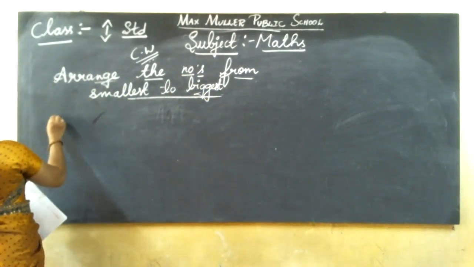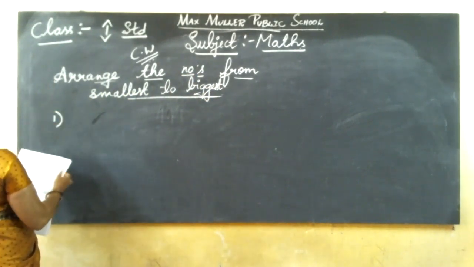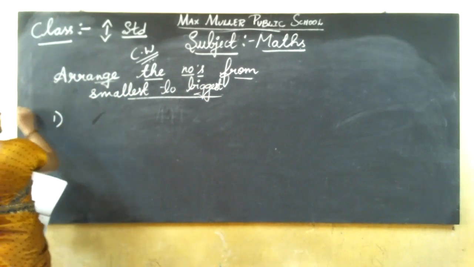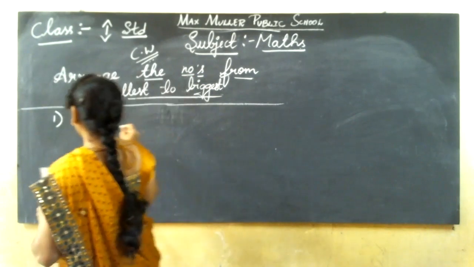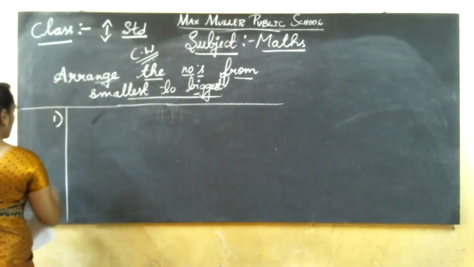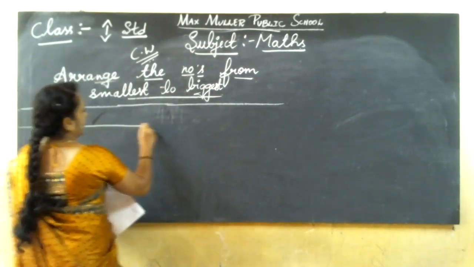So, keep ready the heading. After the heading, leave one line and start. You have lines in your book, isn't it? So you can start on your next line.